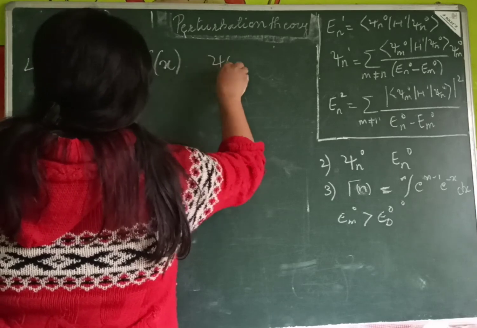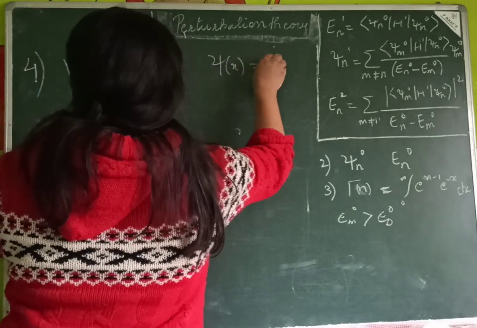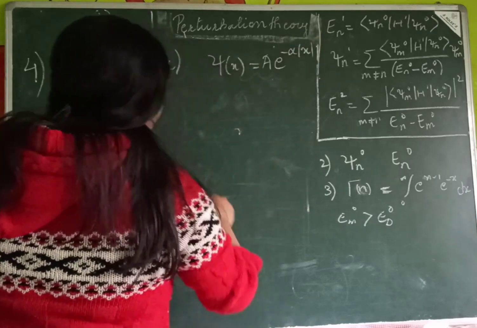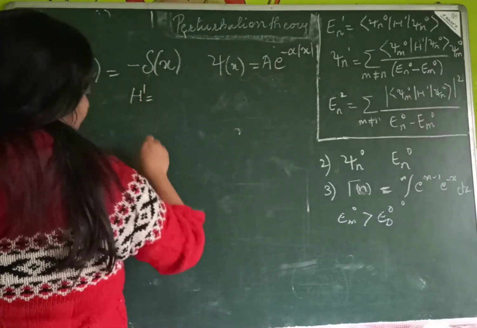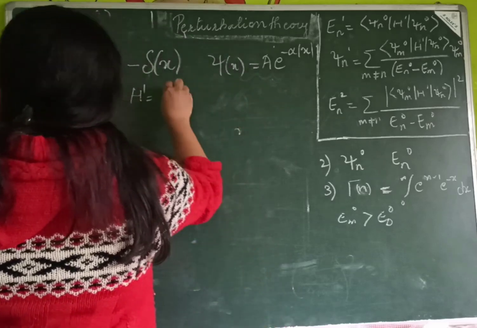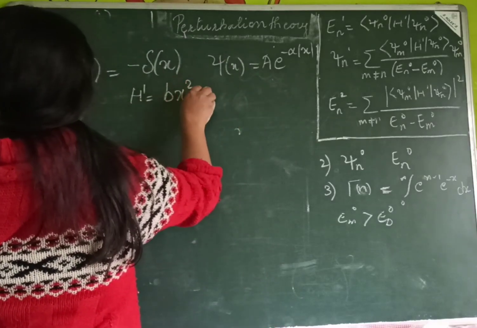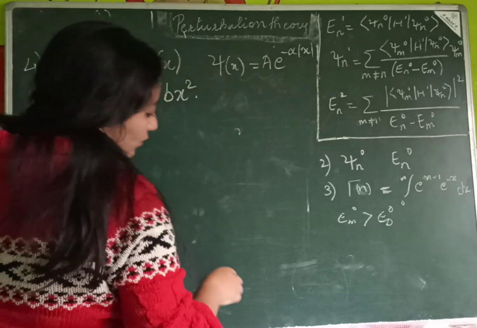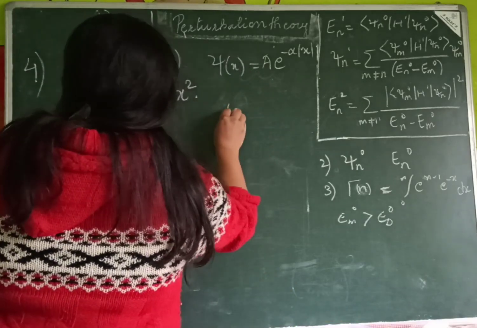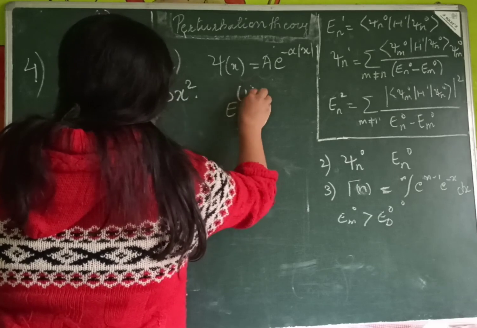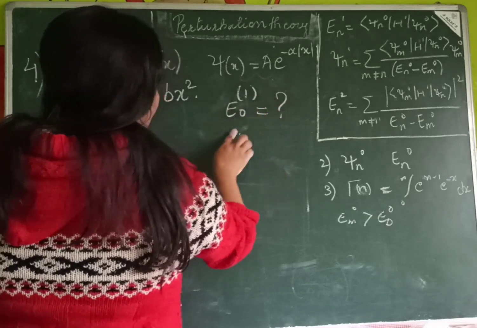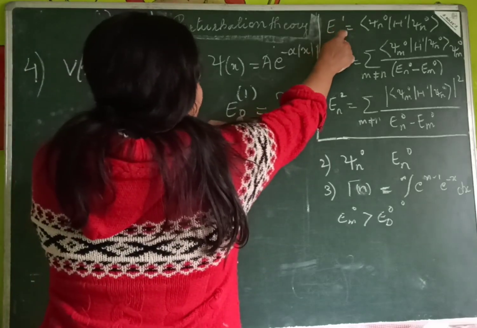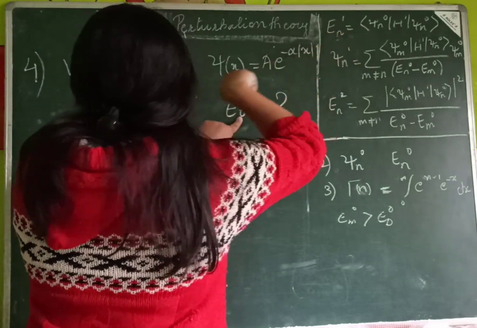Your psi for this is given by A e to the power minus alpha mod x, and H prime is given by B x square. What we need to find is E0 1, that means the first order correction to the ground state energy. Because this is the first order correction, I have to find this.